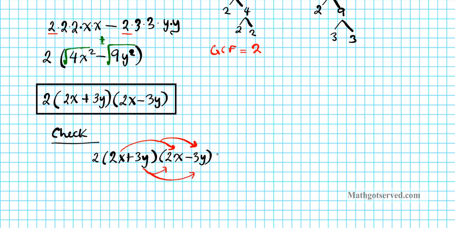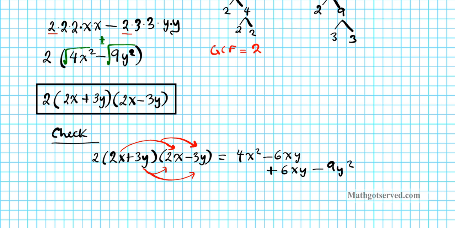Okay, so when we do first, 2x times 2x is 4x squared. Outer, 2x times 3y is 6xy. And then inner is 3y times 2x, which is positive 6xy. And then last is plus 3y times minus 3y, which is minus 9y squared. Okay?